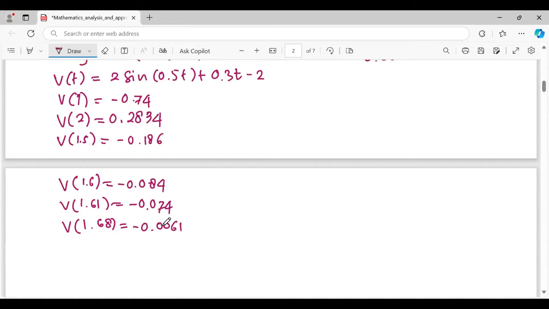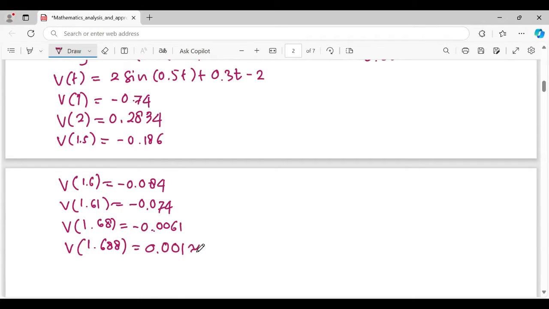Actually, you can use it, but this number approaches from the left side. And if you approximate this number to this decimal, it will be minus 0.01. And I have checked already if t equals 1.688, and the result is 0.001.